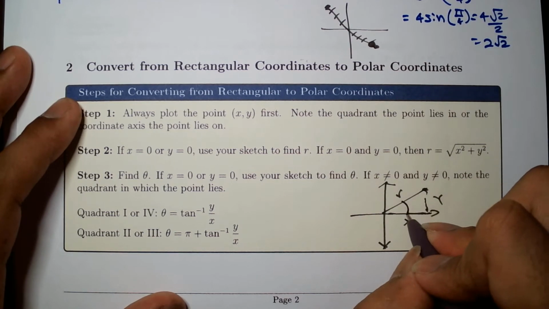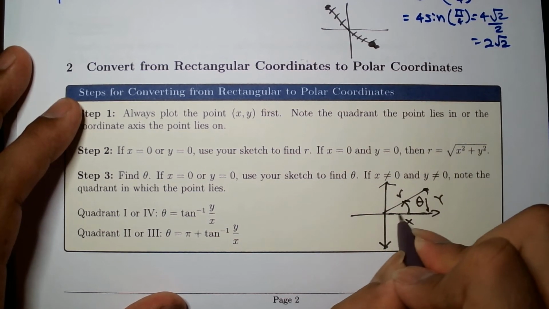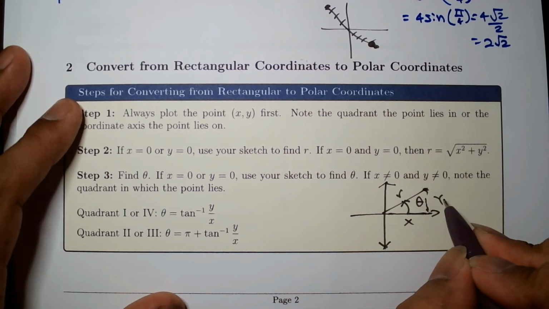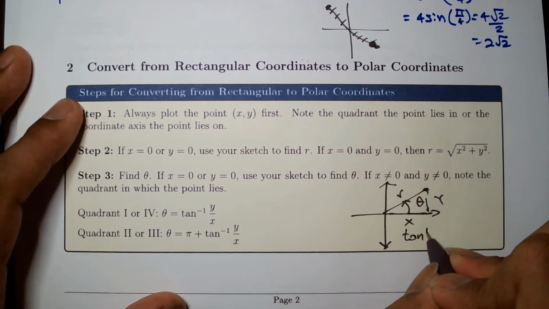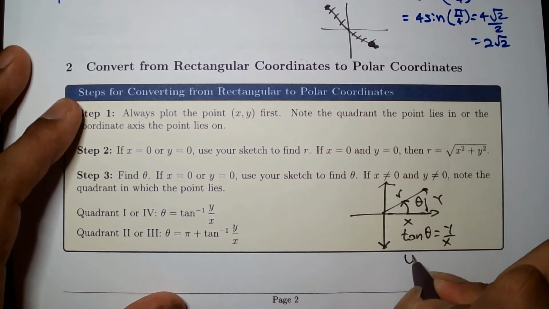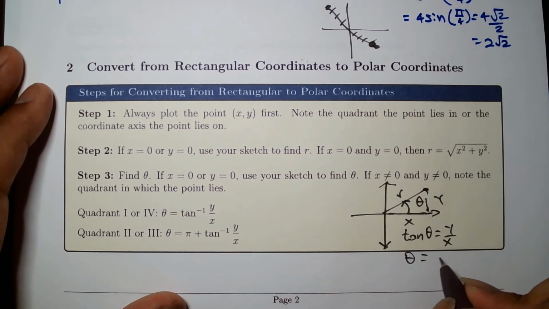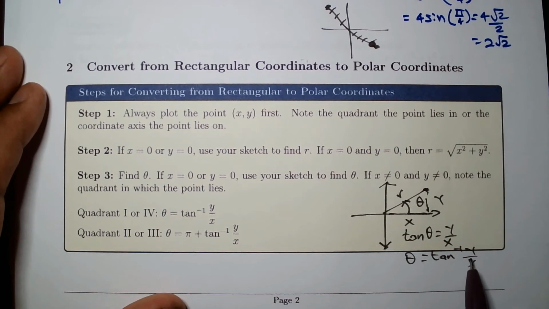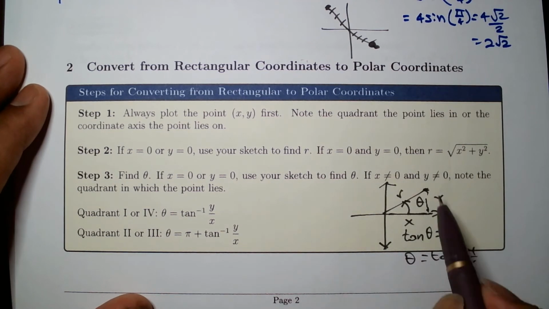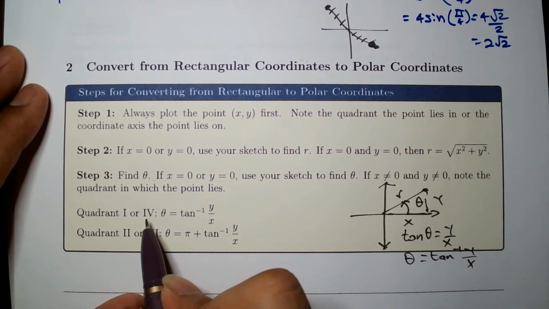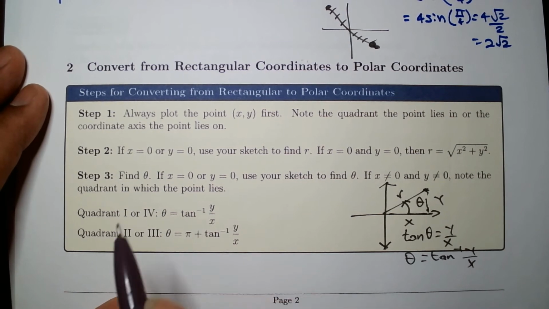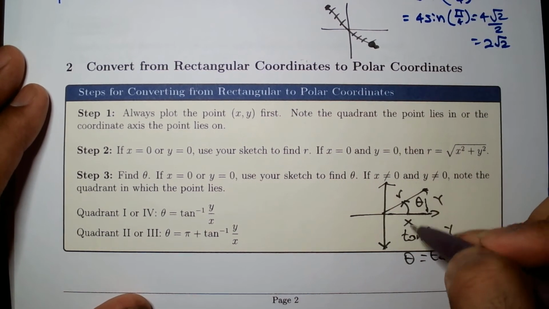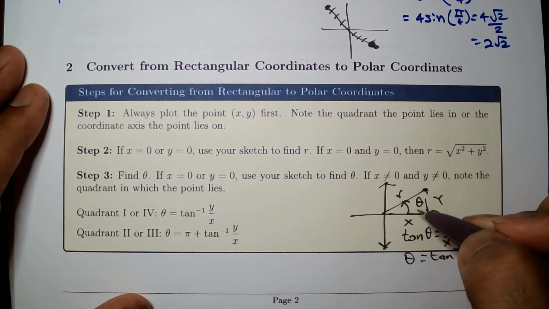If we're looking for the angle between the polar axis and the point, the angle that relates y and x is tangent theta equals y over x, and therefore theta is inverse tangent of y over x. However, this is true only when our points are in quadrant 1 or quadrant 4, and you might remember from inverse trigonometric functions that the inverse tangent lies only in between these two quadrants, in quadrant 1 and 4.